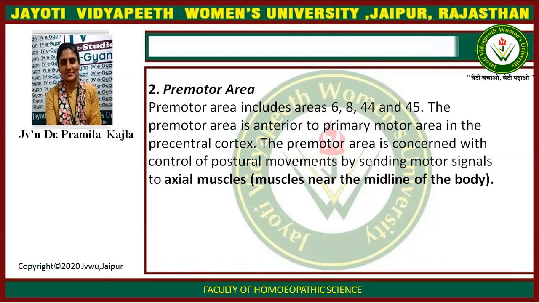Premotor area. Premotor area includes area 6, 8, 44 and 45. The premotor area is anterior to primary motor area in the precentral cortex. The premotor area is concerned with control of postural movement by sending motor signals to axial muscles. Axial muscle means muscle near the midline of body.